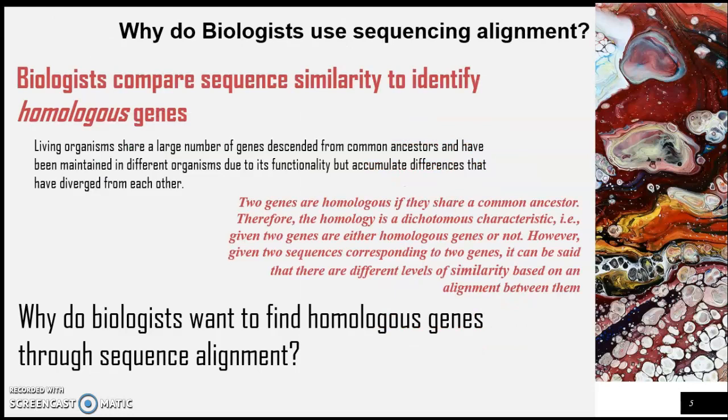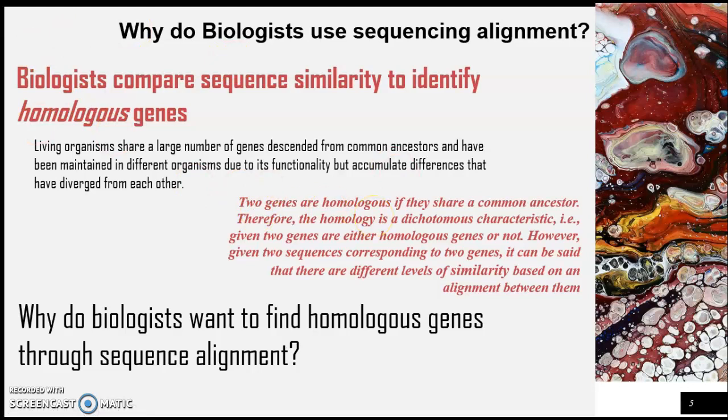Why do biologists use sequencing alignment? So biologists compare sequence similarity to identify homologous genes. Homologous genes are shared genes over time from common ancestors, but over time they acquire mutations, insertions, deletions that alter the DNA, which then alter the effects that that sequence has on the living being. Two genes are homologous if they share a common ancestor.